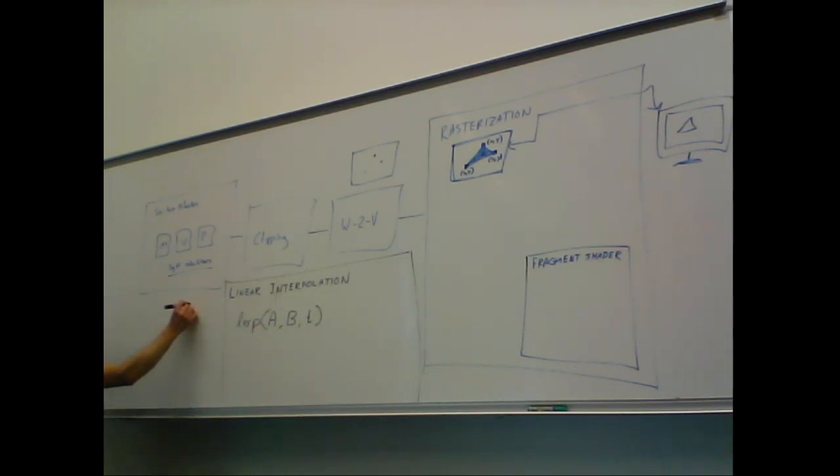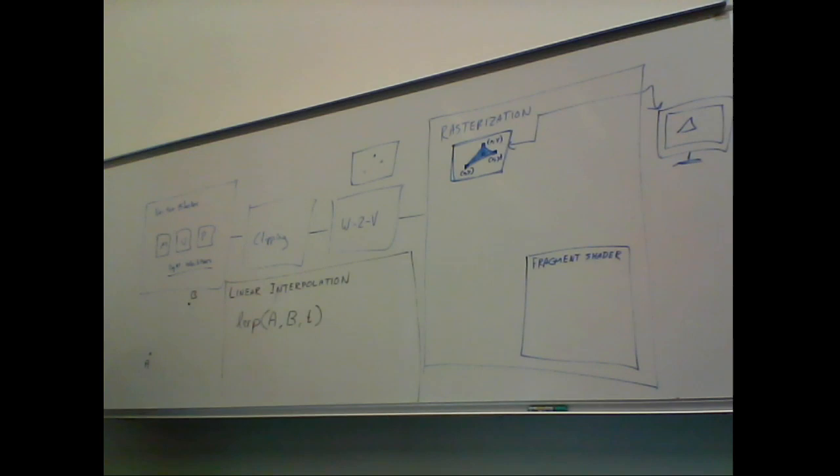If I have a point A here and a point B, and a linear interpolation between these, we have a line. We looked at the parametric form of a line, where we took a point and a vector, and said somewhere on this line I have the point A plus T times the vector between them.